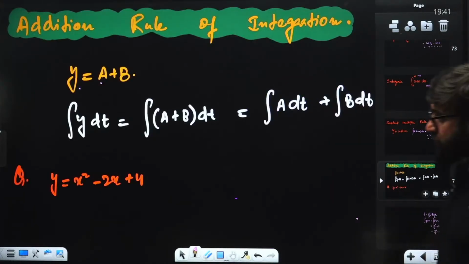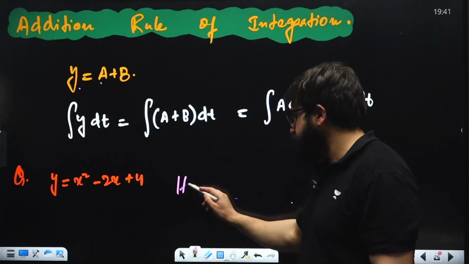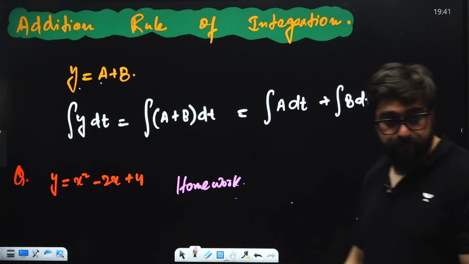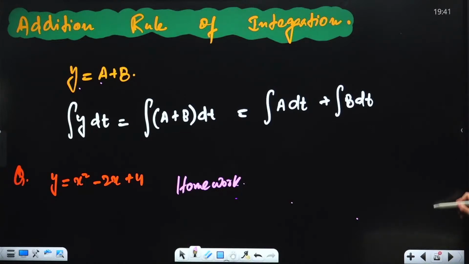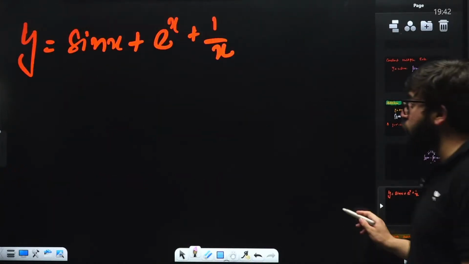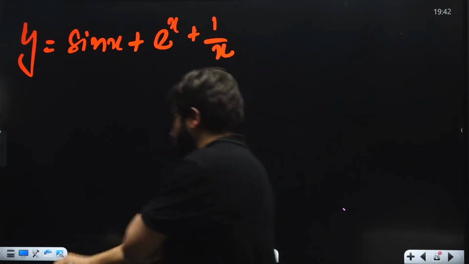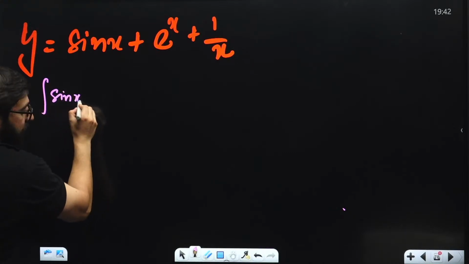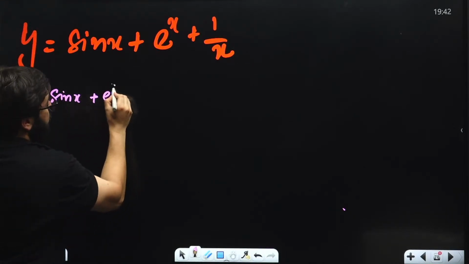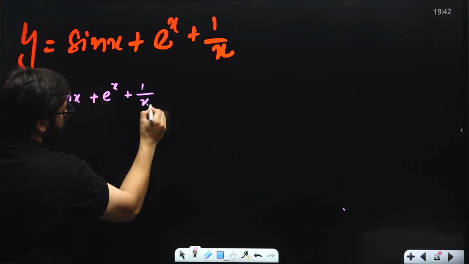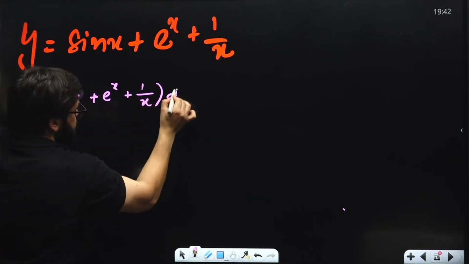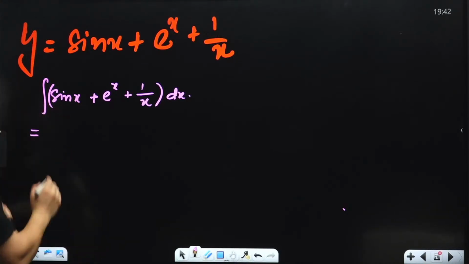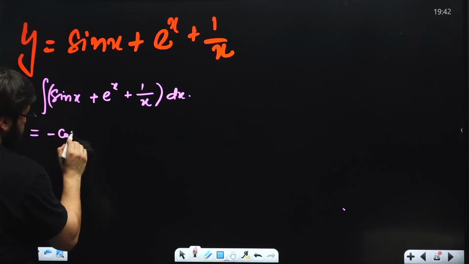Similarly, this is your homework. And this is also your homework. I'll do it here only. So integration of sine of x plus e raised power x plus 1 by x dx. Now guys, see, integration of sine x will be simply minus cos of x.